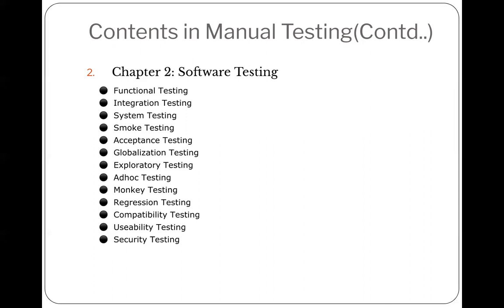Suppose we have four modules, A, B, C, D. Changes are made to the B module, and the C module is dependent on the B module, while A and D are independent.